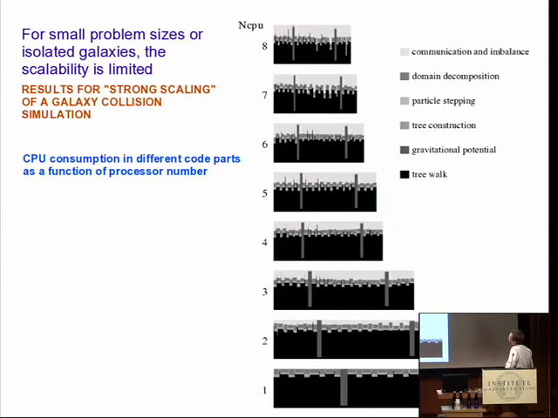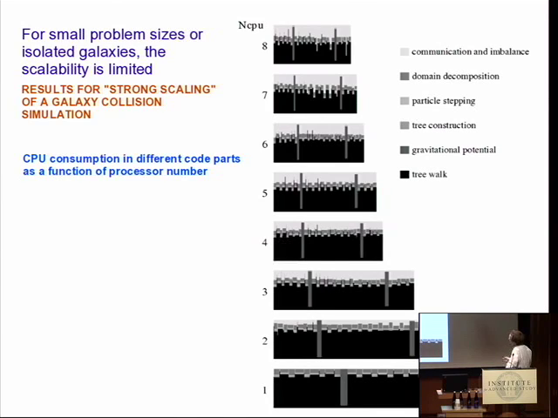If you have a more demanding problem, for example, a small individual galaxy or galaxy collision simulation, here just run with 8 different numbers of processors, 1 processor, 2, 3, 4, 5, 6, 7 to 8. And sort of this rectangular area and the different colors here show you over different time steps what the code is actually doing, where the time is spent.